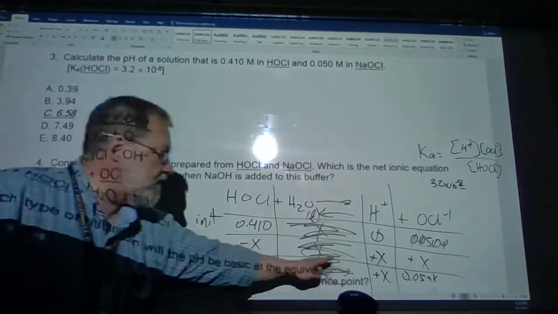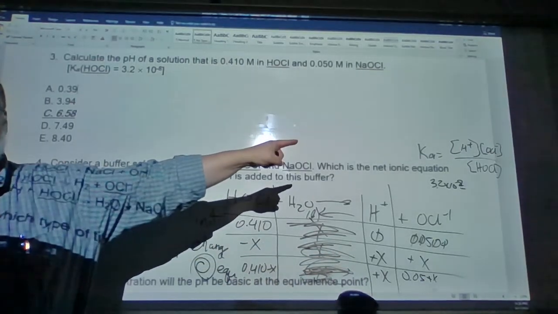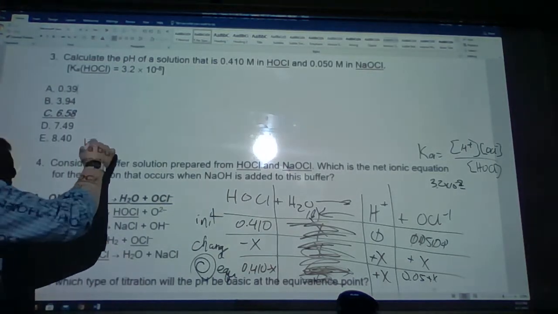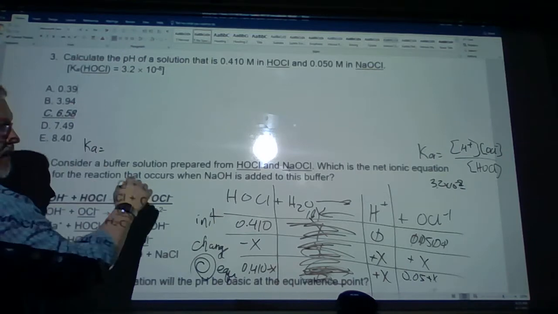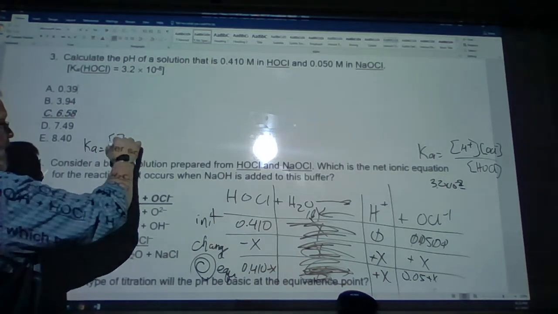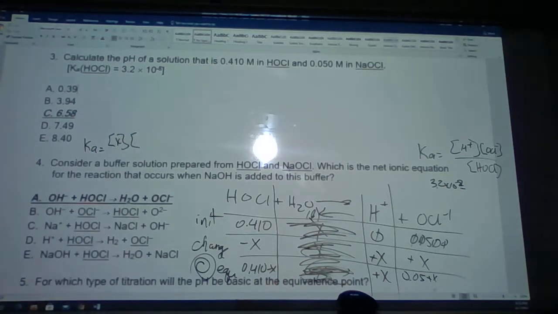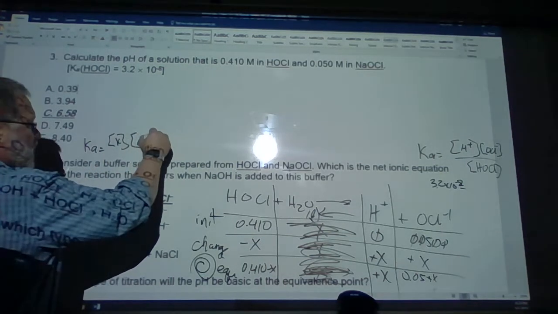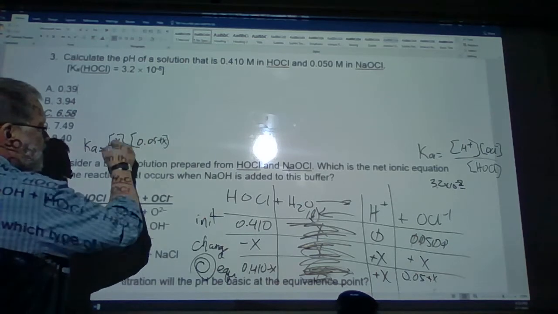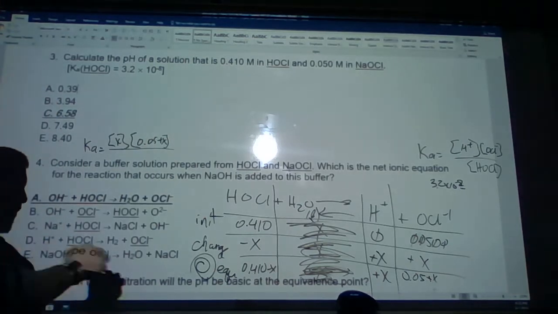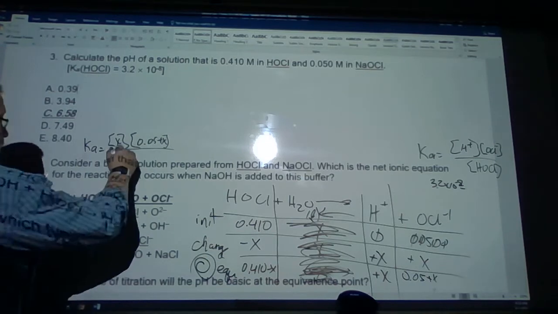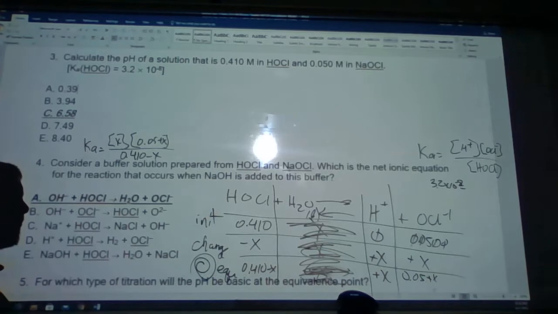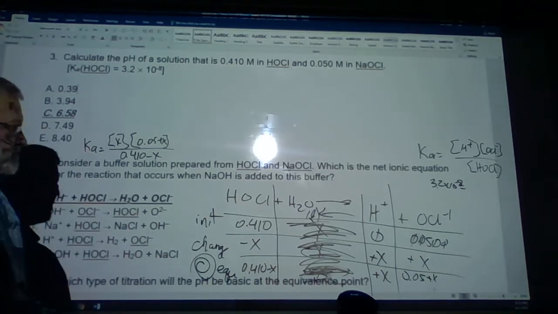Plug these values at equilibrium back into our expression for Ka. It's equal to the concentration of H plus, which is X, times the concentration of OCl minus at equilibrium, 0.05 plus X, divided by the concentration of our HOCl at equilibrium, 0.410 minus X. Ka is equal to 3.2 times 10 to the minus 8.